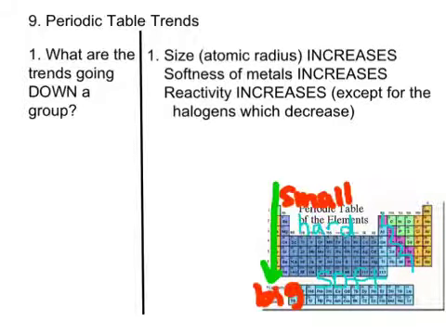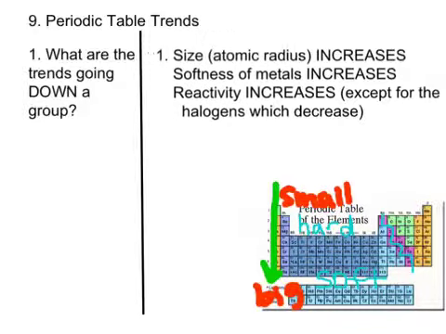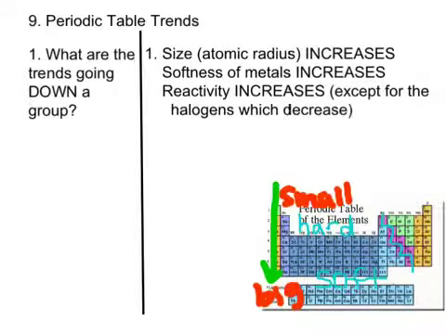The third trend that we're going to talk about going down a group is reactivity, how fast a metal or another atom reacts with something else. Reactivity is going to increase as you go down the group, except for those halogens.